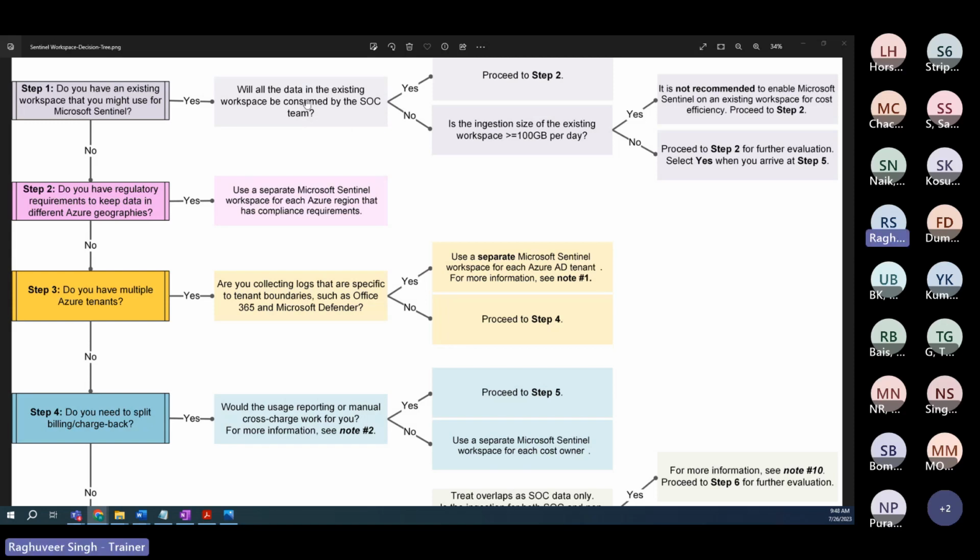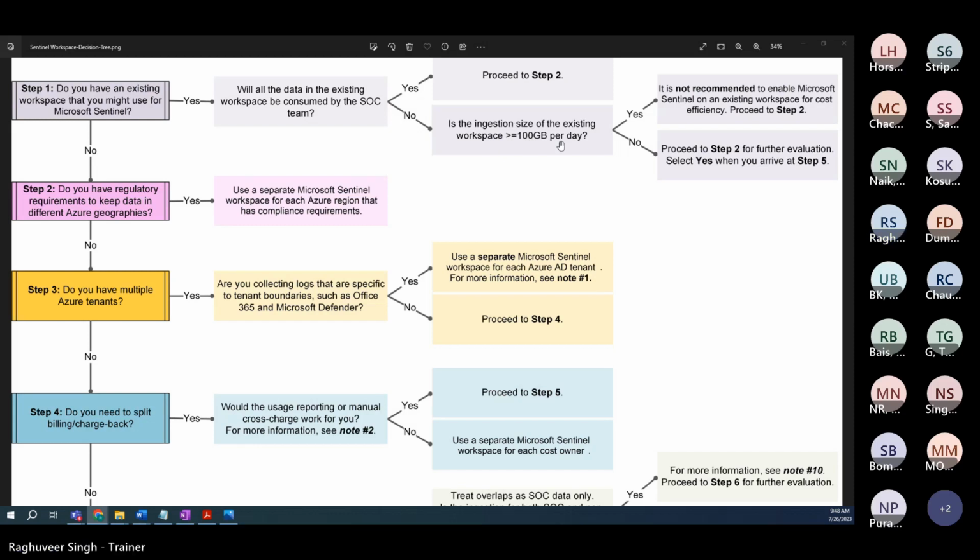If the answer is yes, that the entire data will be consumed by the SOC team, then we'll proceed to the next step. However, if the answer is no, which means not the entire data will be consumed by the SOC team, then the next question is, what type of data is in the workspace? Or if you want to quantify that data, is the ingestion for the existing workspace more than 100 GB per day?